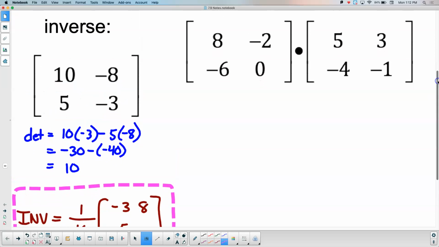A 2 by 2 times a 2 by 2 results in a 2 by 2.